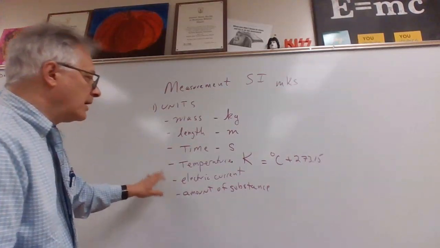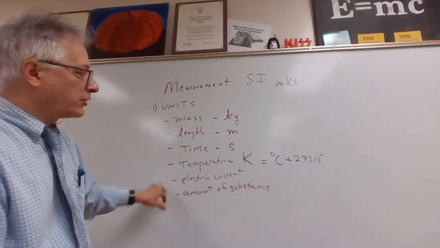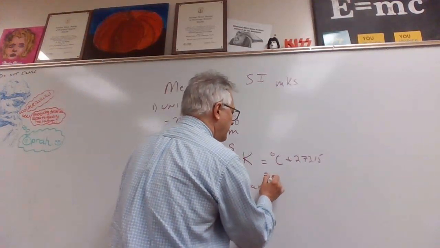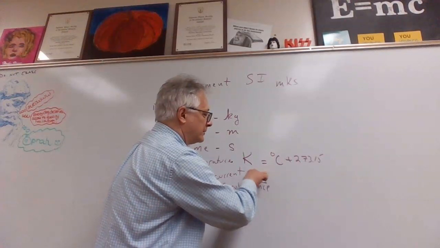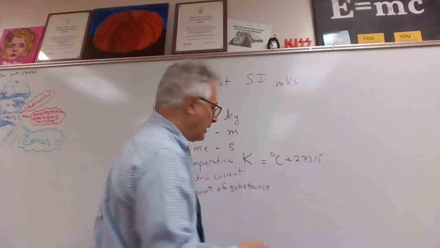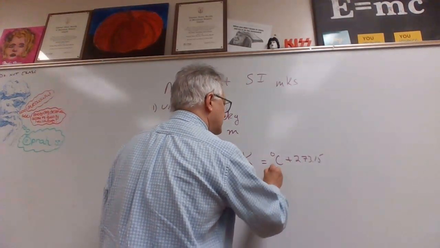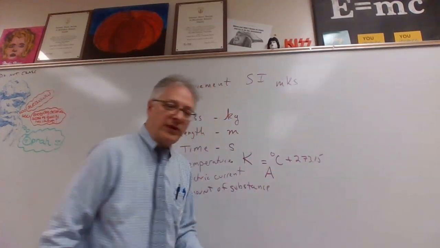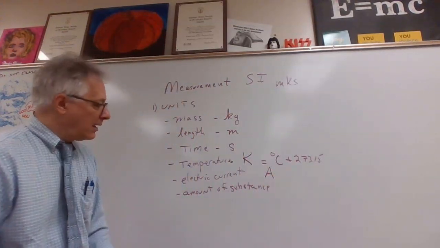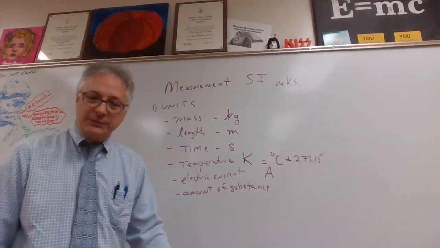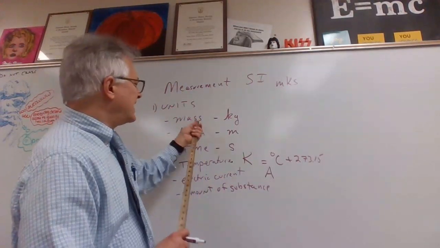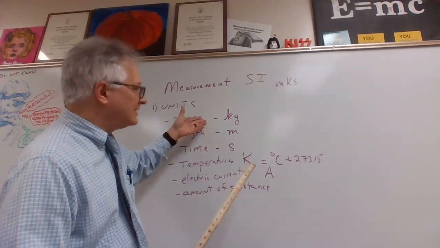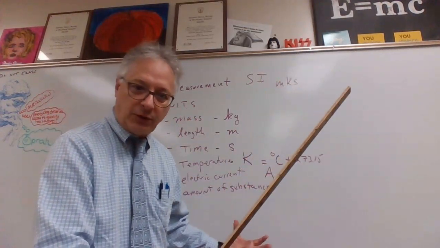So moving along, the electric current, should we be lucky enough to get to electrochemistry, which I think we can do. Electric current, the unit is ampere, abbreviated capital A. And amount of substance, you might think, well, isn't that just mass? Well, mass is one way to express the amount of material we have.